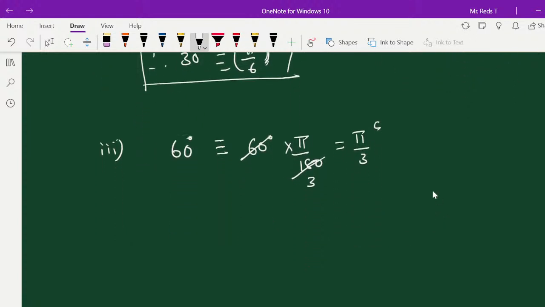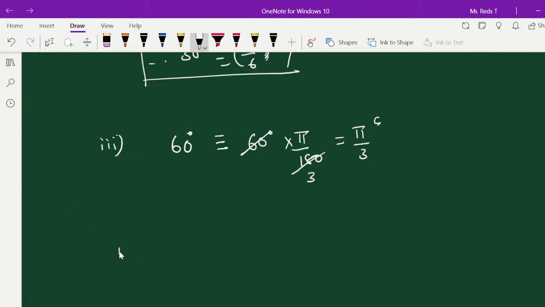Next, the fourth one, 90 degree. This is equivalent to 90 into pi by 180. 90 ones are 90, 90 twos are 180, so it is equal to pi by 2 radian.